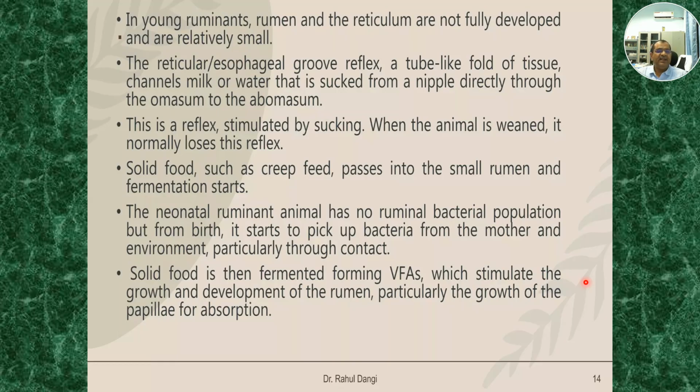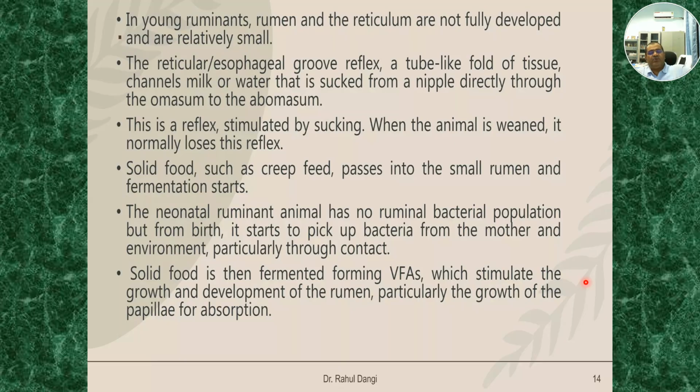The reticular esophageal groove is a tubular organ. It forms a tubular organ as a transitory movement, and it causes a fold of tissue. The milk which is sucked from the nipple goes directly to the omasum and the abomasum through the ruminoreticular groove in the case of a calf.